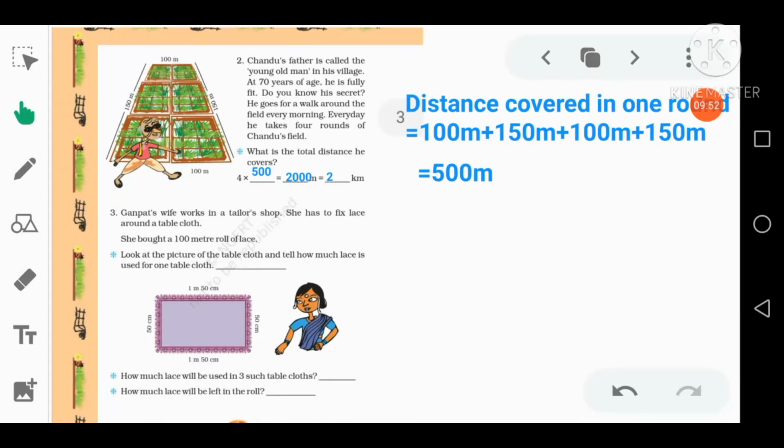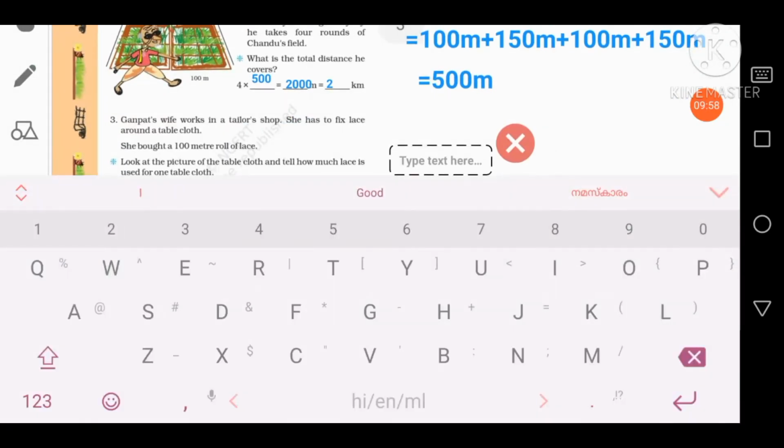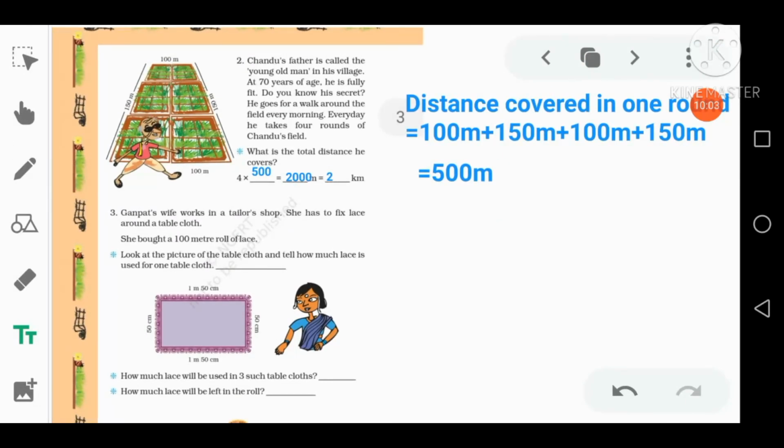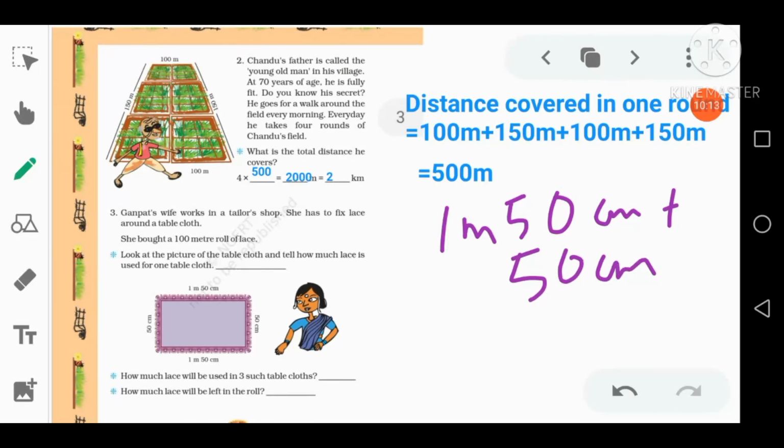So what you want to find is the boundary. So how will you find the boundary? That is 1 meter, 50 centimeter plus 50 centimeter plus 1 meter, 50 centimeter plus 50 centimeter.